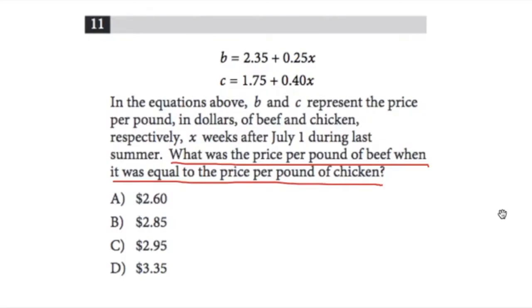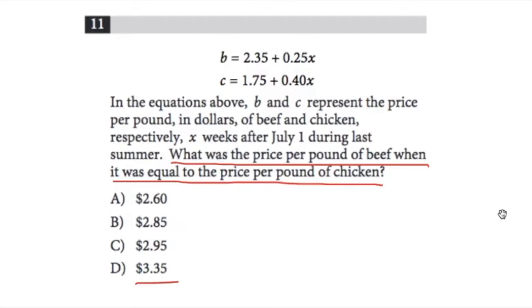Okay, and the key to this is realizing, if you look at the answer choices, Ariane, are we talking about a large value for x or a relatively small value for x? The number of weeks. It's kind of small, I guess. It's kind of small, right? Because the biggest value for the prices here is $3.35, which isn't super expensive, right?